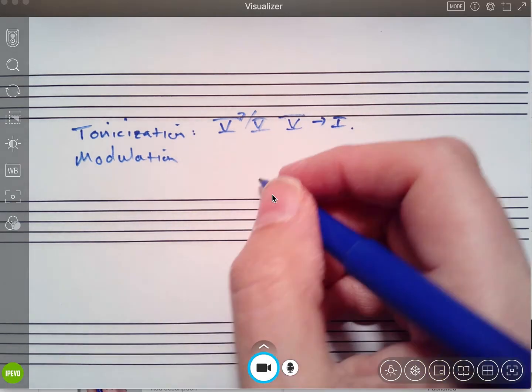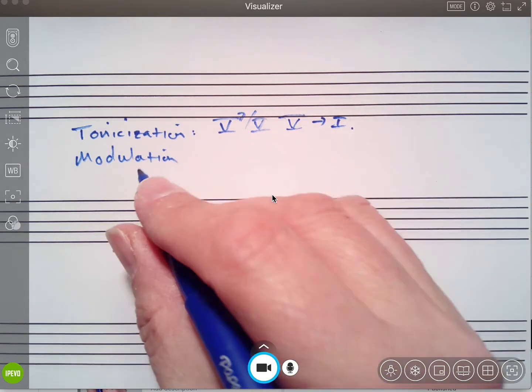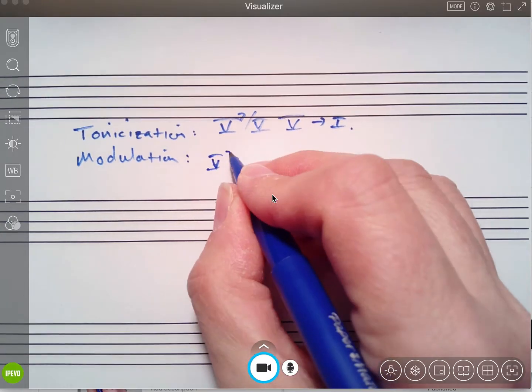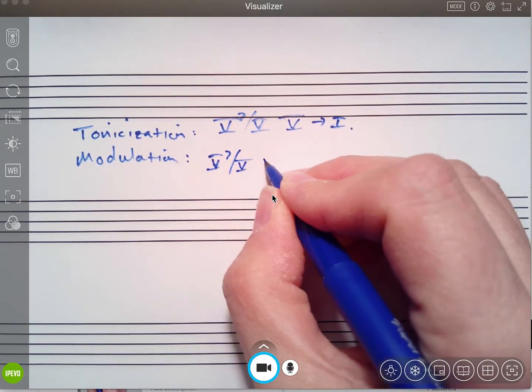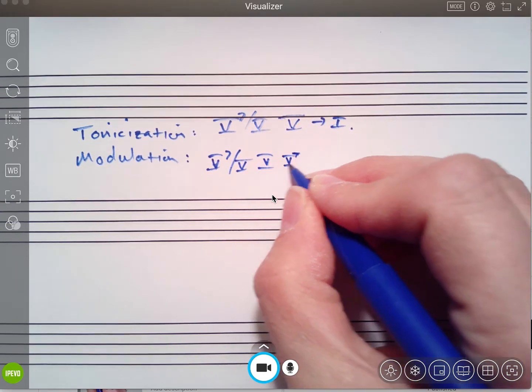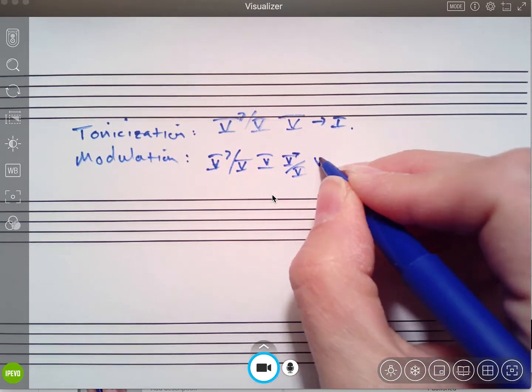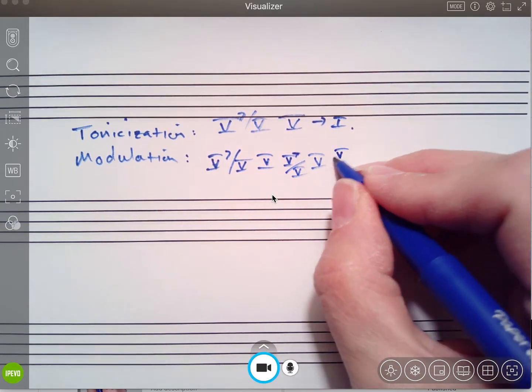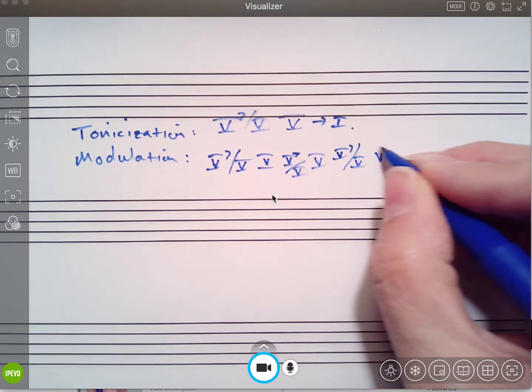Now, if we did something where we were moving along and we hit a 5-7 of 5, and we went to 5, and then we did 5-7 of 5 and 5, and then we had a cadence that went 5-7 of 5, 5.